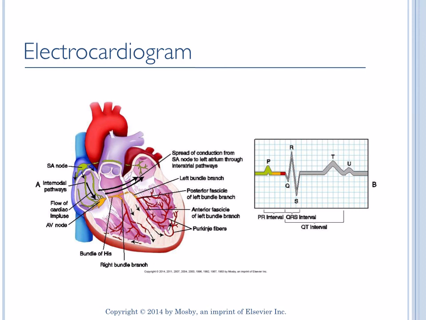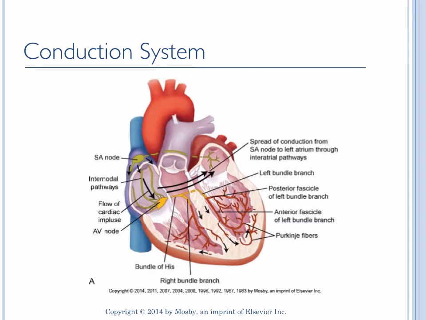Electrocardiogram. Let's go back. Whatever we learned in the conduction system, how the electrical activity is going on, or how the flow of cardiac impulse is being generated within the heart.